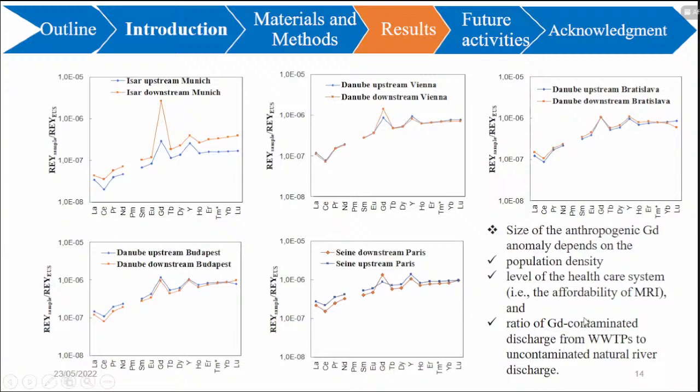And the ratio of gadolinium-contaminated discharge from the waste treatment to the uncontaminated natural rivers. That means the bigger the river, the smaller the anomaly, because it gets diluted. For example, in the case of ESR, we saw higher gadolinium because waste discharge is higher than uncontaminated water.